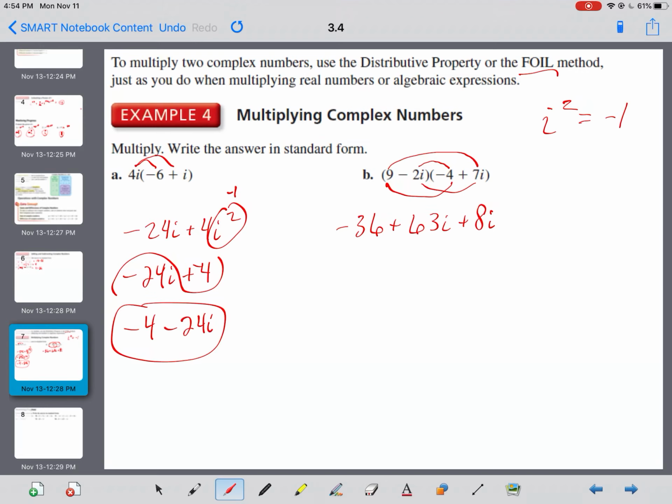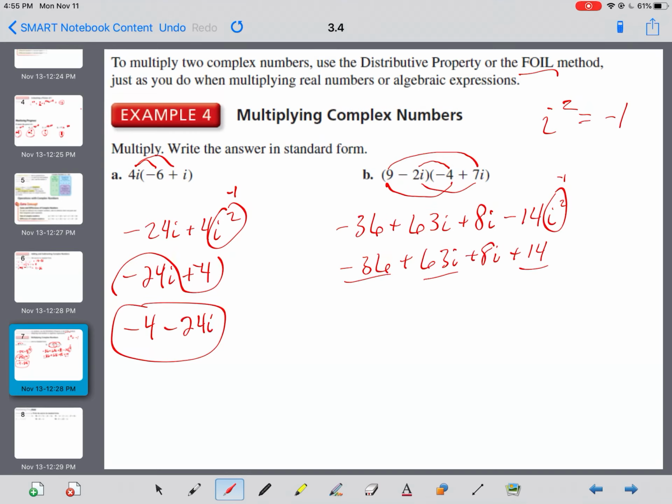And then negative 2i times 7i. Negative times positive makes negative, 2 times 7 is 14, i times i is i squared. Whoop, that's important. It's a negative 1. So that actually changes this. So negative 36 plus 63i plus 8i plus 14, because of that negative times negative.